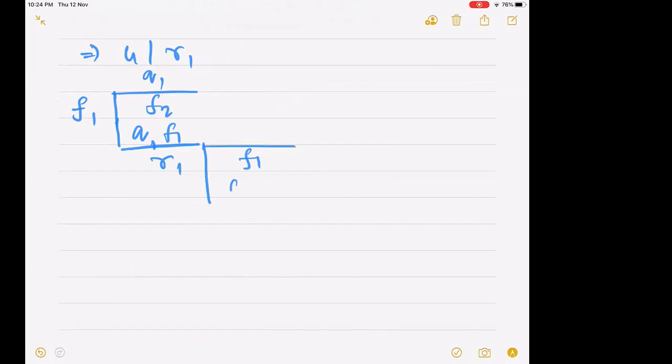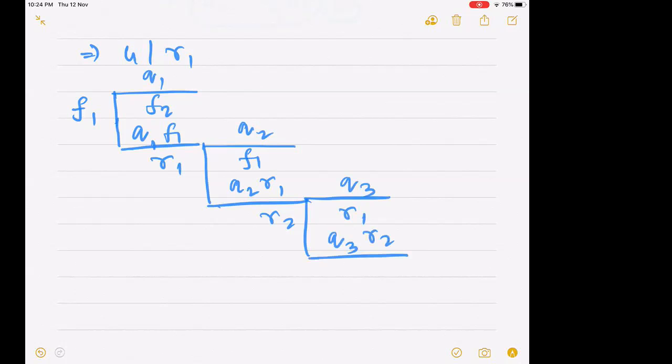So this is Q2 R1, remainder is R2. Let's carry out one more step. And this is going to be R1. So this, let's say, is Q3 times R2 and R3. And suppose now R3 is equal to 0.